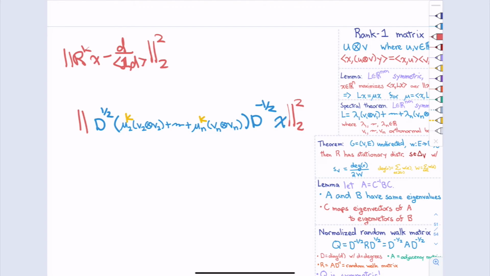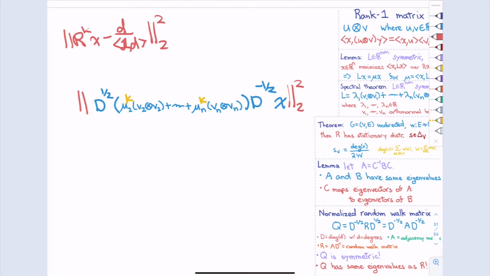What's worth pointing out? We also know from the spectral theorem that this applies in general, but if... okay, is this really necessary?